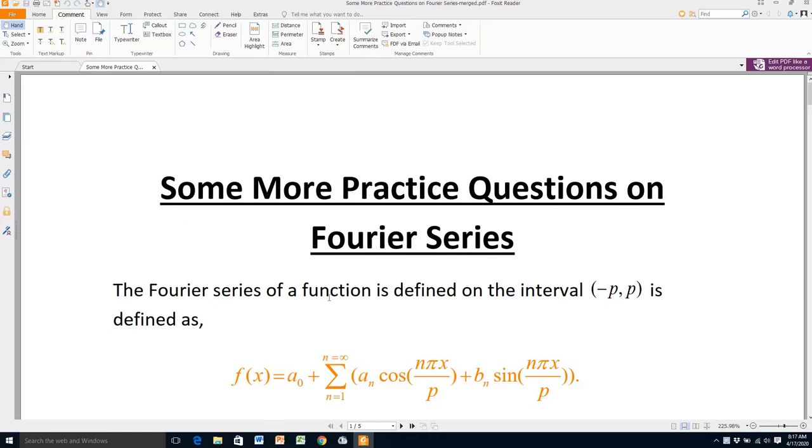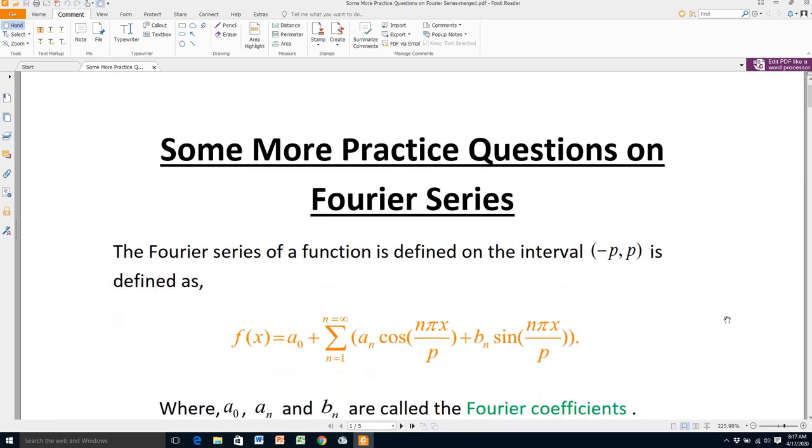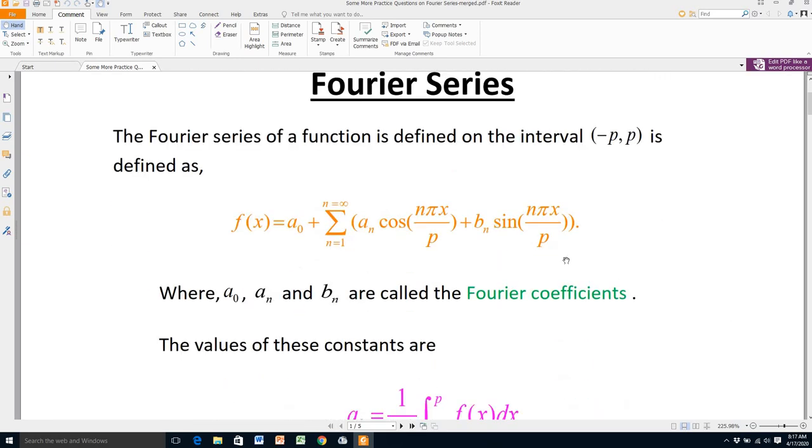Here the Fourier series of a function defined on the interval minus p to p is given as follows. I am taking this topic from the D. G. Zill book.